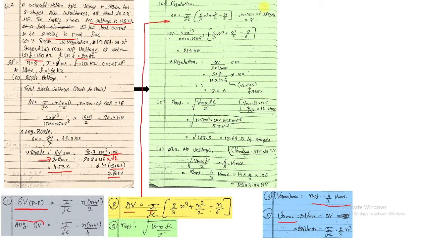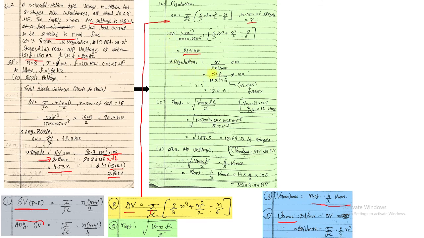So here n will be your number of stages. In the previous calculation it was the number of capacitors, but now to calculate the regulation you have to consider the number of stages, which is 8. So n is now 8. You need to keep this in mind. By placing all the values, you will get 248 kilovolt as the voltage drop.